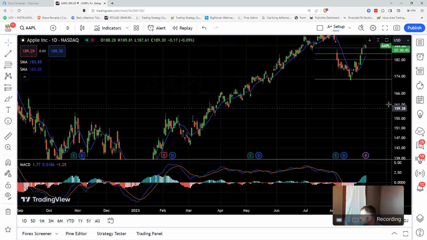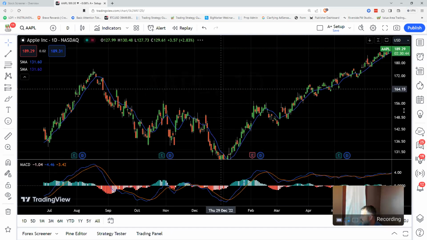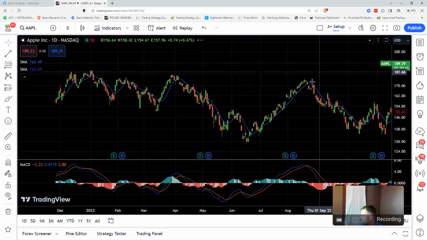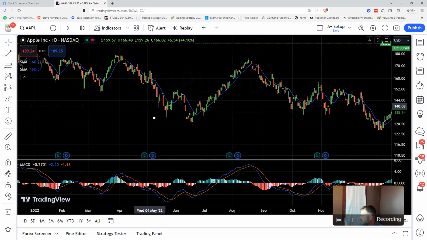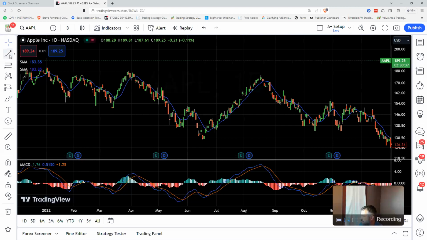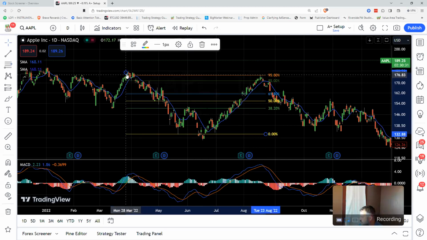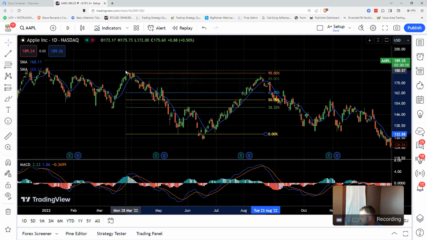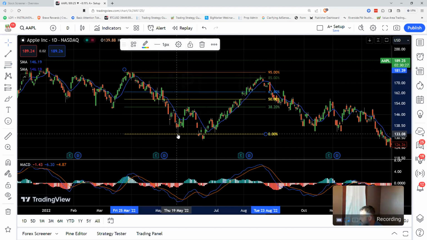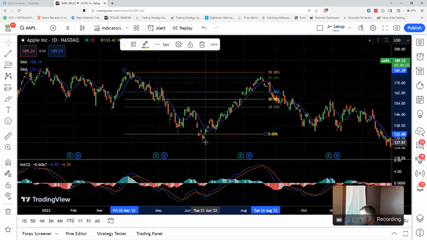Okay. Now, if we go back a little bit in history and we see when Apple was moving down, right here we got Apple moving down from swing low to swing low. Take a look. We got this move right here, right off the 38, and then we had a nice move down.